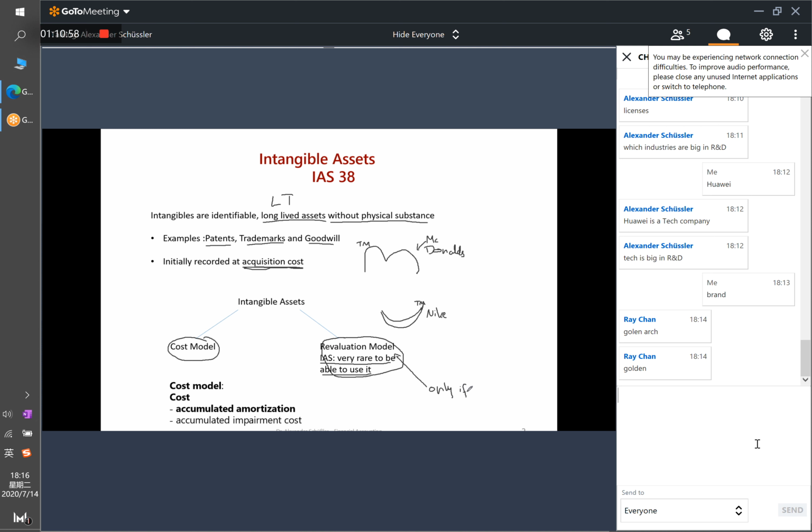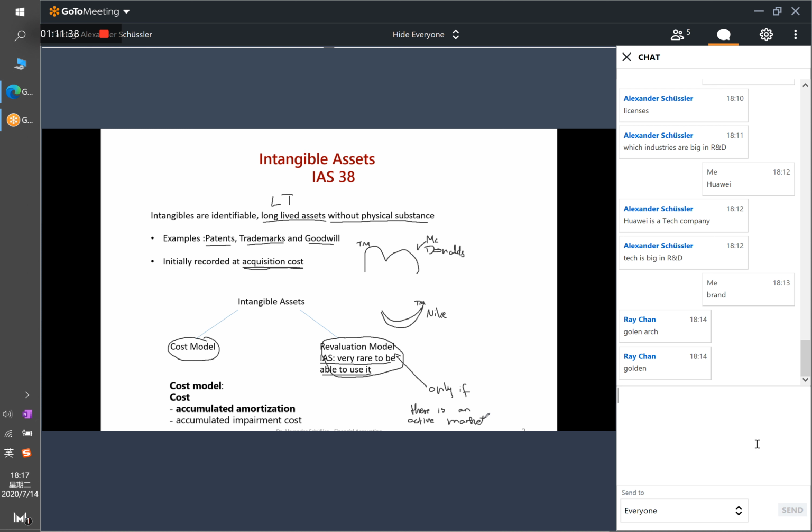Only if there is an active market are you allowed to use the revaluation model.